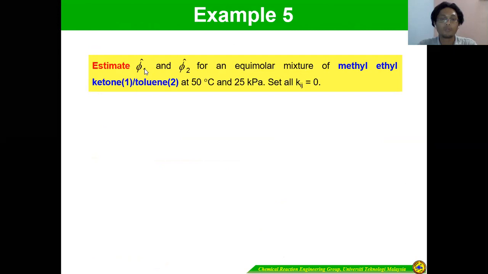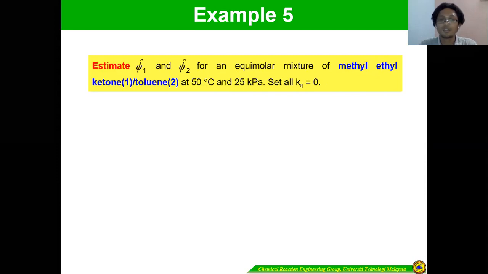Estimate the fugacity coefficients for species 1 and species 2 in solution for an equimolar mixture. Equimolar means the mole fraction is 0.5 for species 1 and 0.5 for species 2, of methyl ethyl ketone for species 1 and toluene for species 2 at 50 degrees C, with pressure of 25 kilopascal. Set all Kij equal to 0. Kij is the interaction parameter constant.